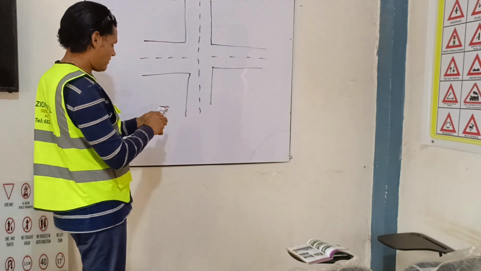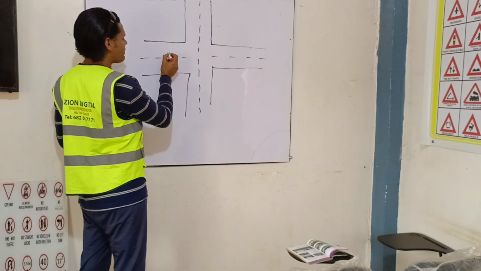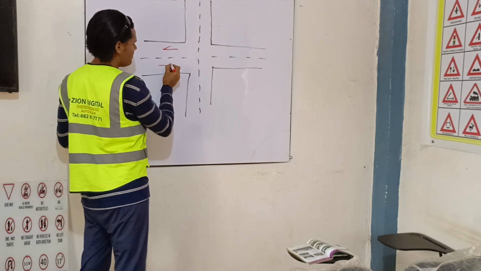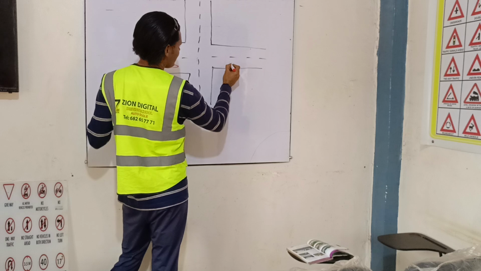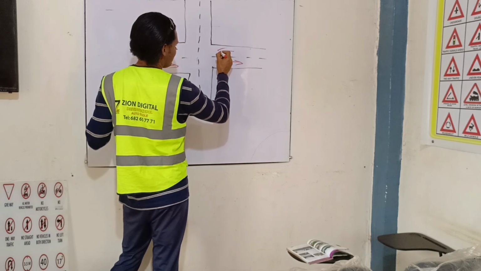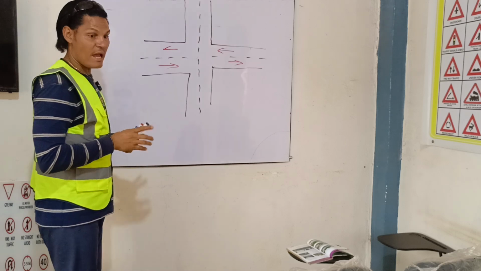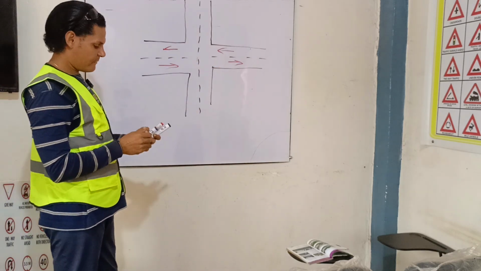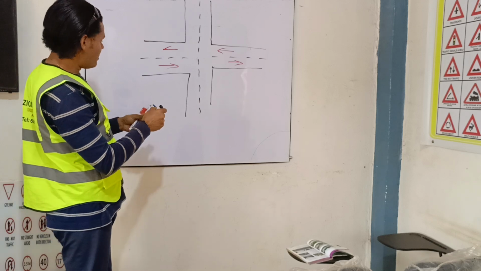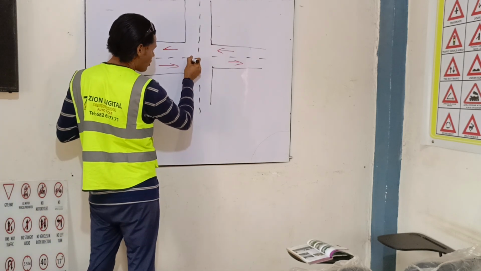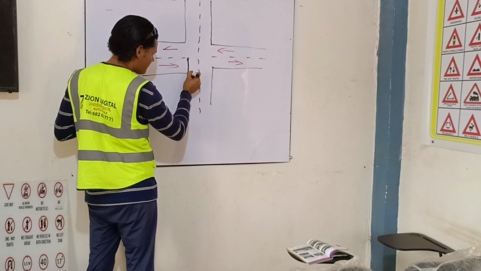For example, the flow of traffic at this junction, you want to come, you meet a line here, a solid line across.